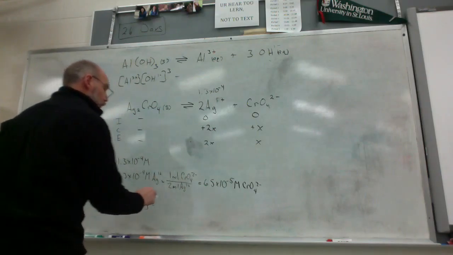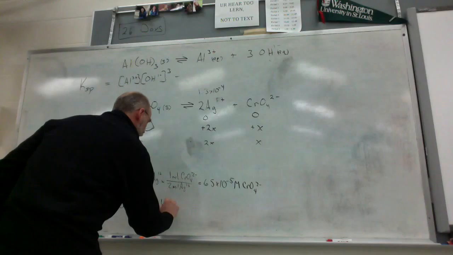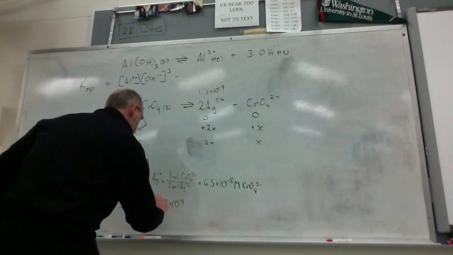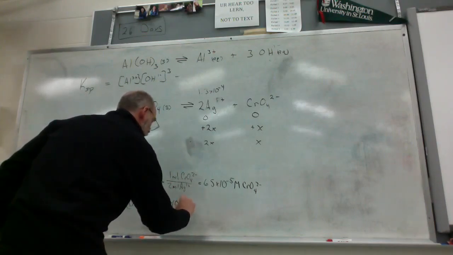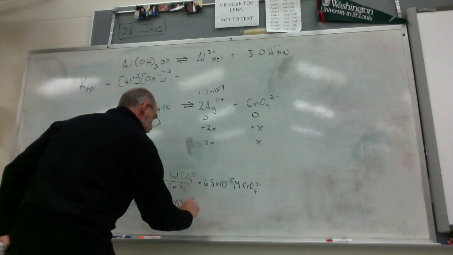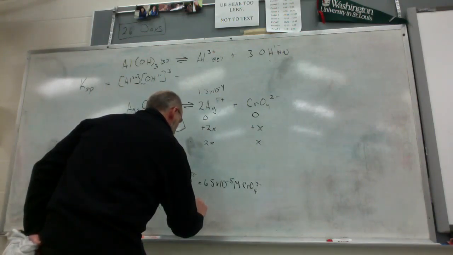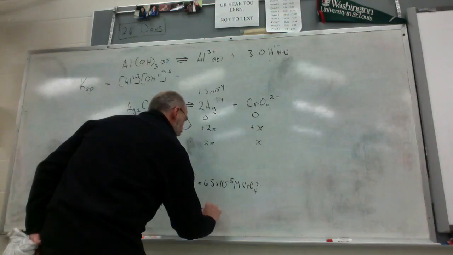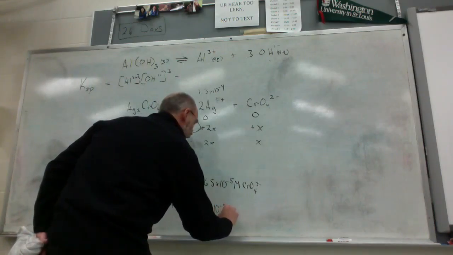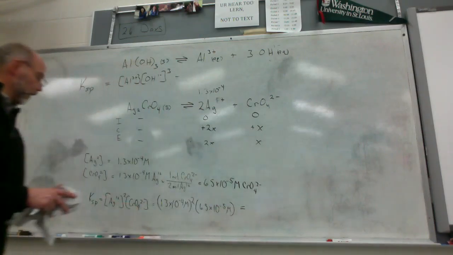And so now we can do it. So we're going to go 1.3 times 10 to the negative 4th, quantity squared, times 6.5 times 10 to the negative 5th. And whatever that comes out to be.